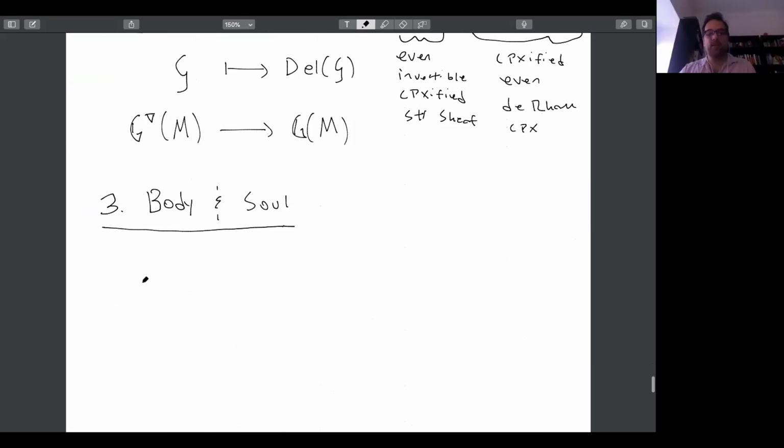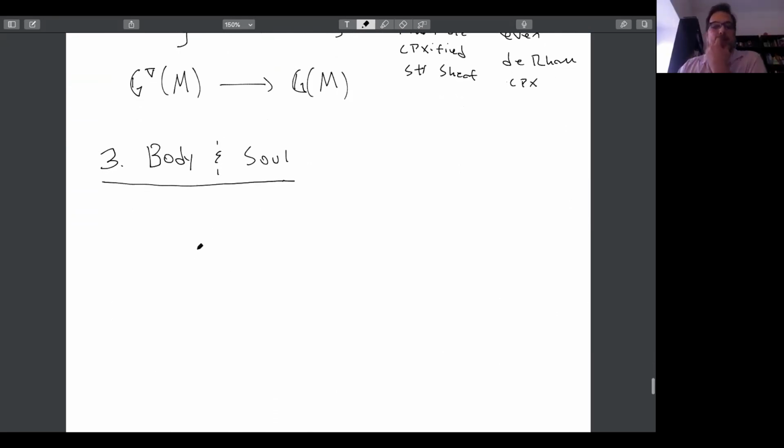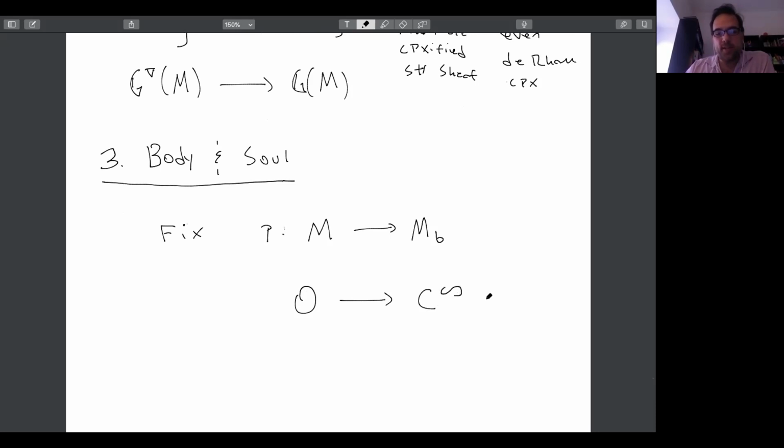Okay, so body and soul decomposition. So remember what the body and soul decomposition was about, that I need to fix this non-canonical map, which is this projection map onto the body. And that allowed me to split this short exact sequence.